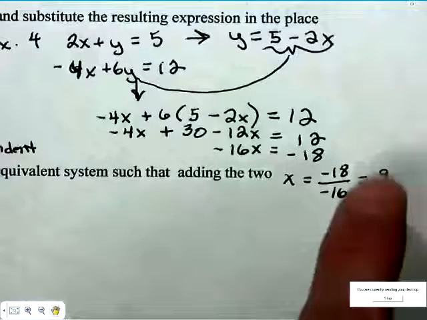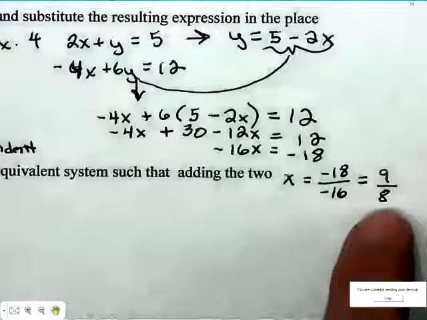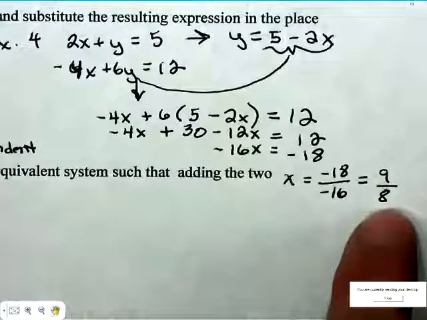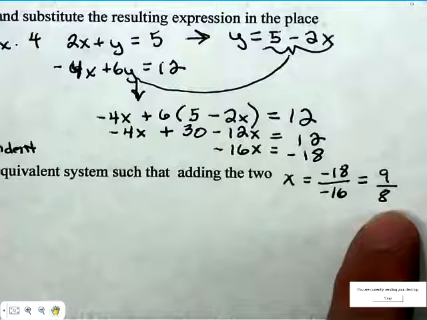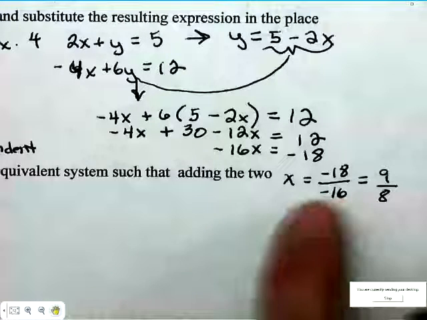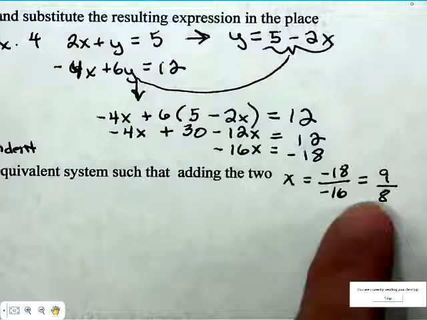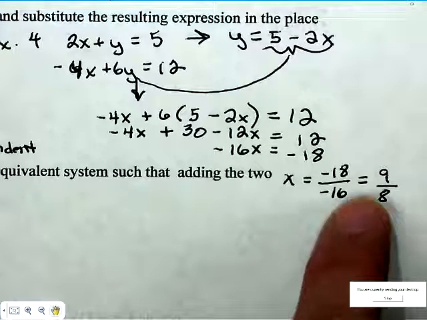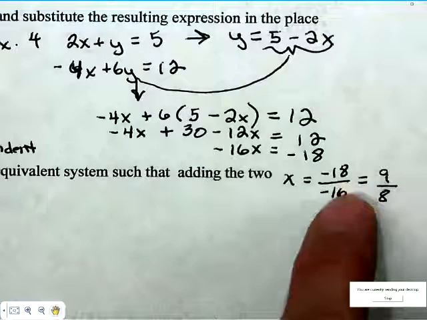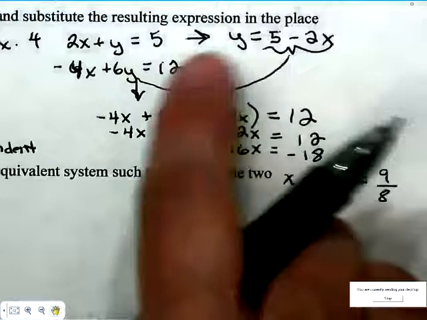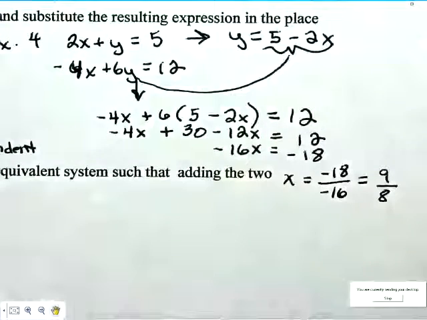That would be very difficult to identify by graphing. If I was trying to solve this by graphing, I probably never would get that x is exactly 9/8 or 1 1/8. So I would have had to have used a different method. I still only have half of my answer here. I have the x coordinate. I don't have the y. The easiest place to get the y is in the equation where you already have the y by itself.